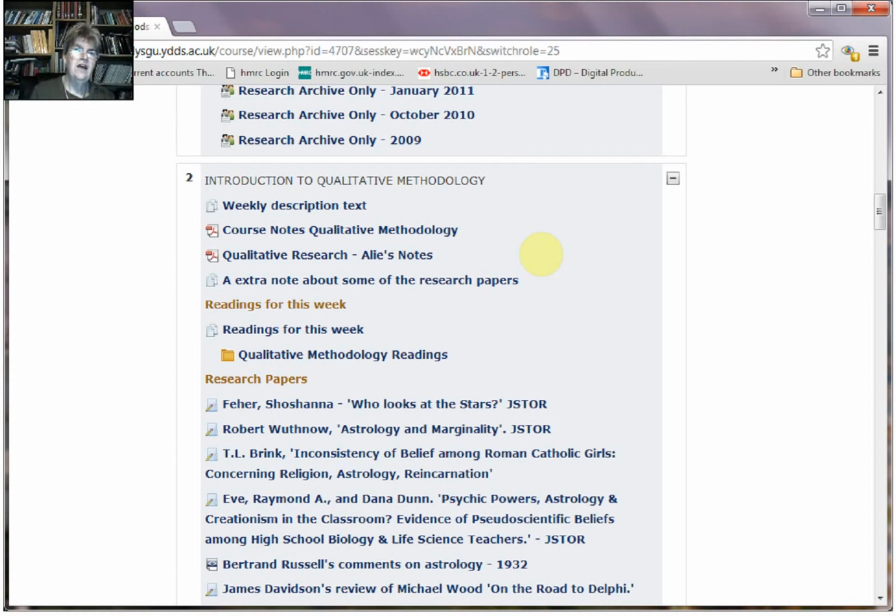And once we get to the module topic 2, we start to look at the general topics we're covering. And what we cover in this whole module is qualitative methodologies, as I've said. So the first week is a general introduction to what is qualitative methodologies, what are they, what is their history, what's their background, where do they come from, what are they all about.